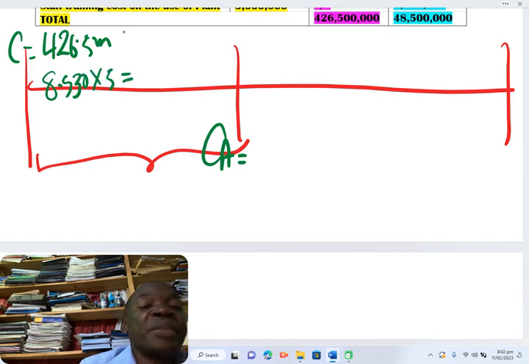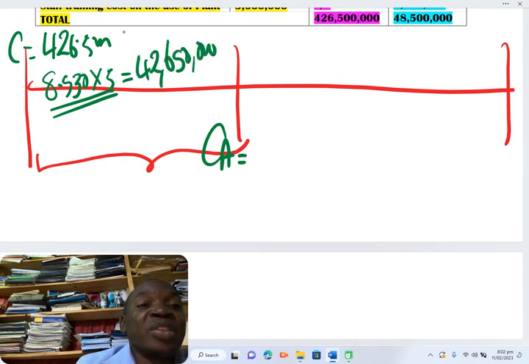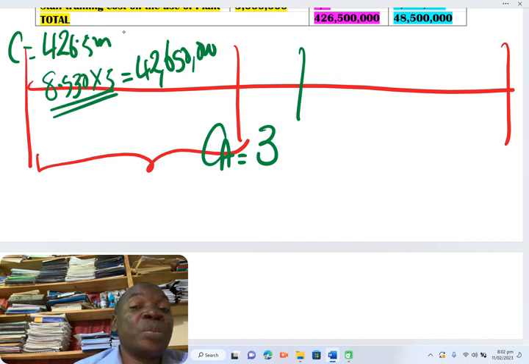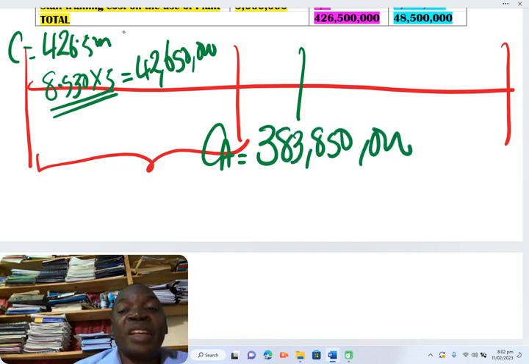Mara 5 unapata ngapi? Ili upate accumulated depreciation, laki 650. Toa kwa hiyo ya juu upate carrying amount ya mia tatu laki 8, ndio carrying amount.